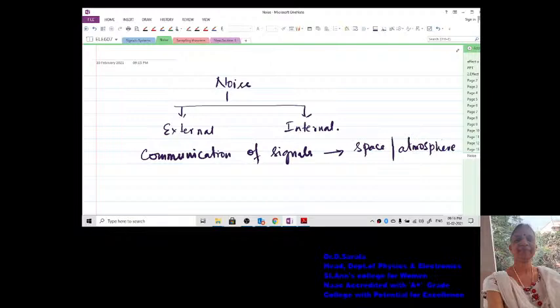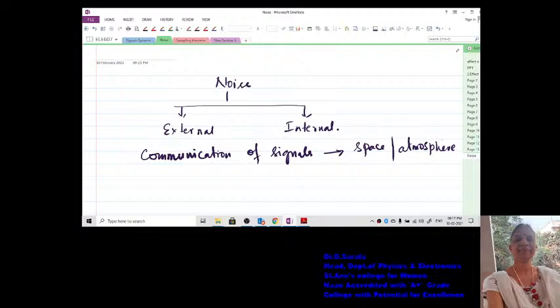So this atmospheric noise is basically spurious radio signals which are distributed in this atmosphere. When they travel through this air, the different layers of the atmosphere cause some kind of disturbance, which you term as noise.